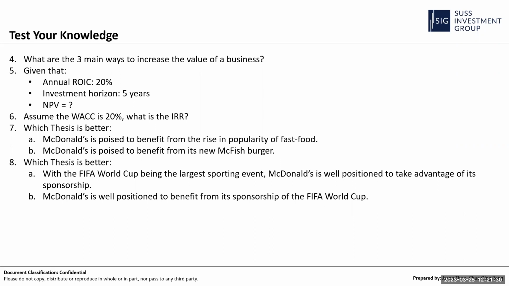So you can use B to say that they are well positioned to benefit from their sponsorship of the World Cup, instead of explaining so long, because there's no need to write such a long grandmother story to bring across your point. So try to be specific, but at the same time also concise. It's about thinking how to allocate your resources and what is really important to your thesis.